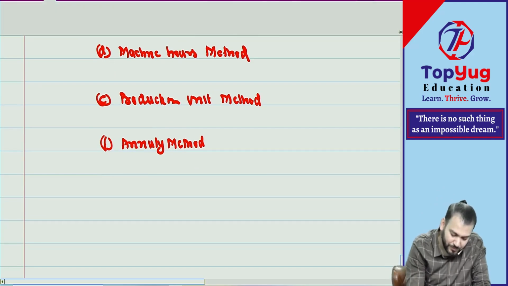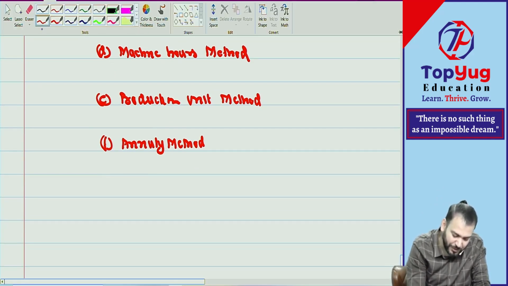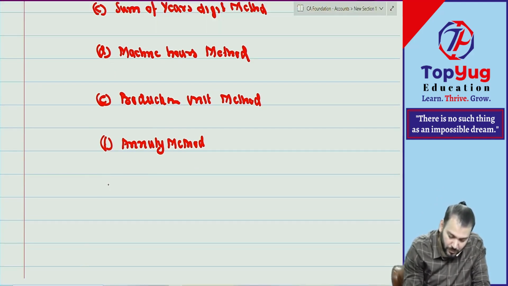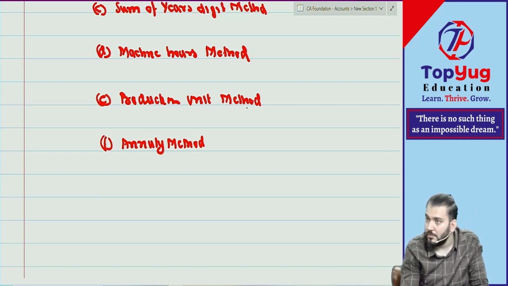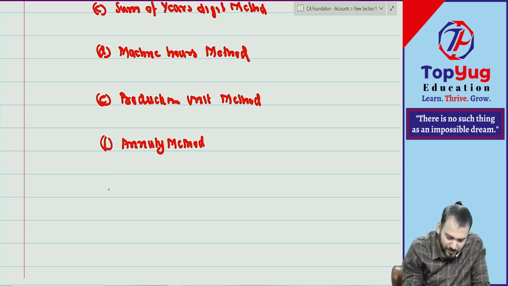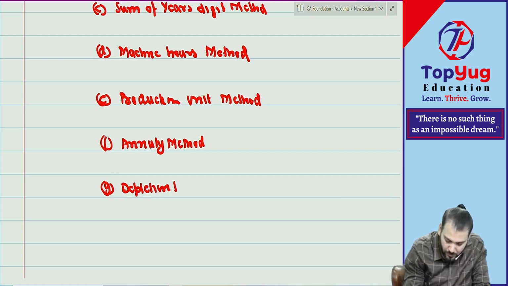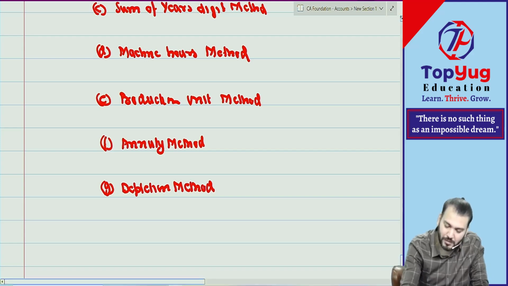If anyone is not there, there is one more method. Write down: depletion method, production unit method. But the institute has given two methods.